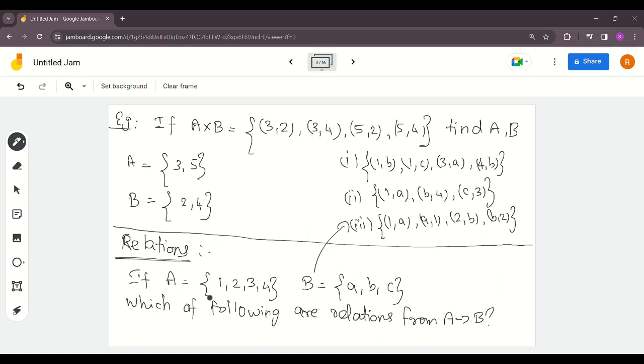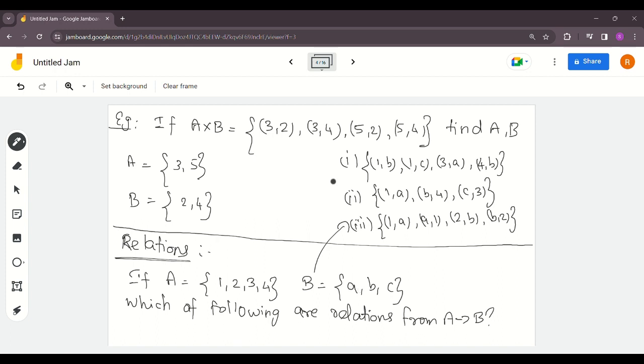And after finding out the Cartesian product, always remember these questions should be a subset of the Cartesian product. So check whether 1B is there in the Cartesian product. Here itself you can check: 1B is there, 1C is there, 3A is there, and 4B is there.